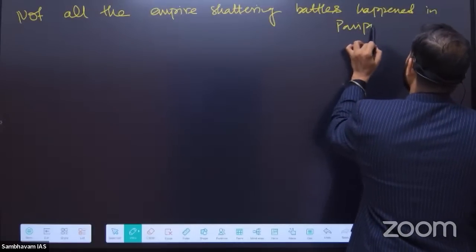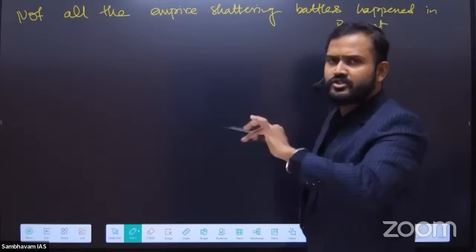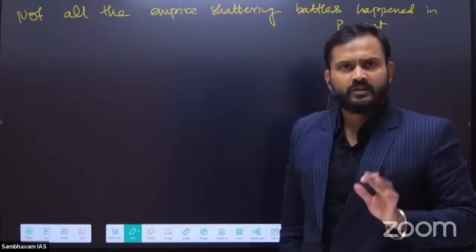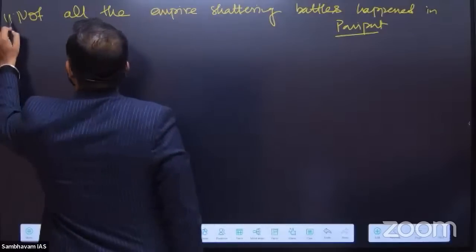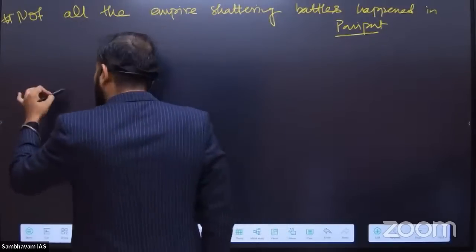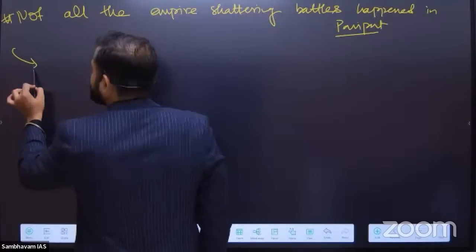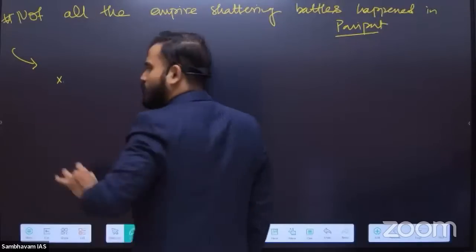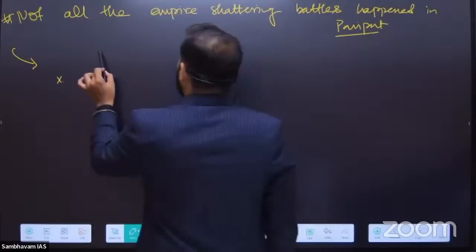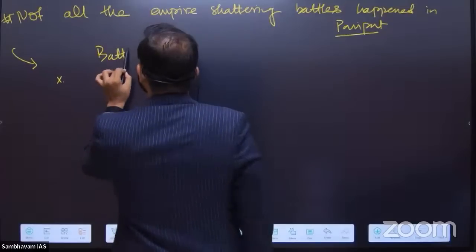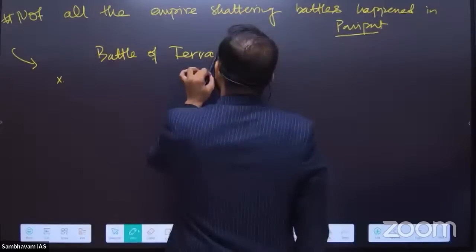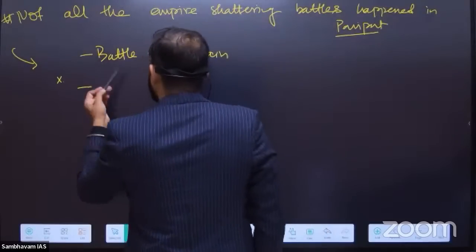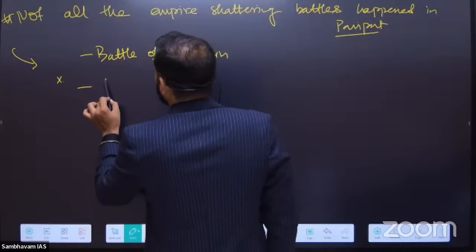This can be a way of showing that you have additional knowledge, precise understanding about the incident. You can talk about other important battles that happened between a power from northwest and a power centered around Delhi. For example, the Battle of Tarain. Also other critical battles, for example, Battle of Chandavar.